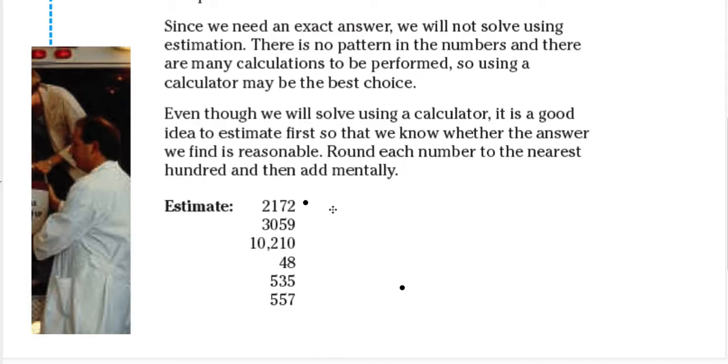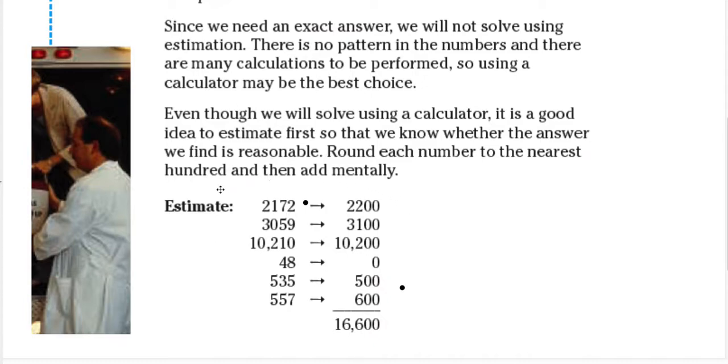So 2,172 becomes 2,200, 3,059 becomes 3,100, 10,210 becomes 10,200, 48 rounds to 0, 535 is rounded to 500, and 557 to 600. We round the numbers to the nearest hundreds place.